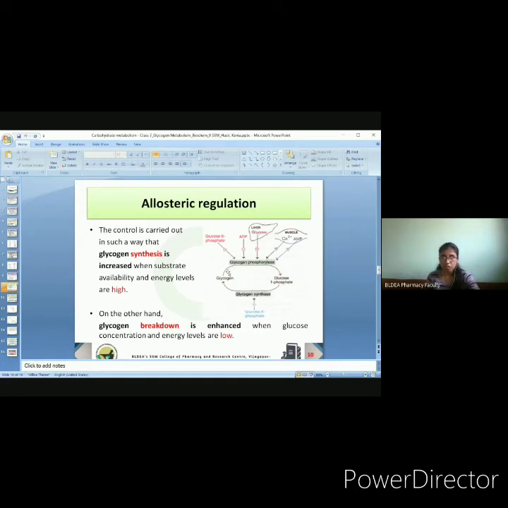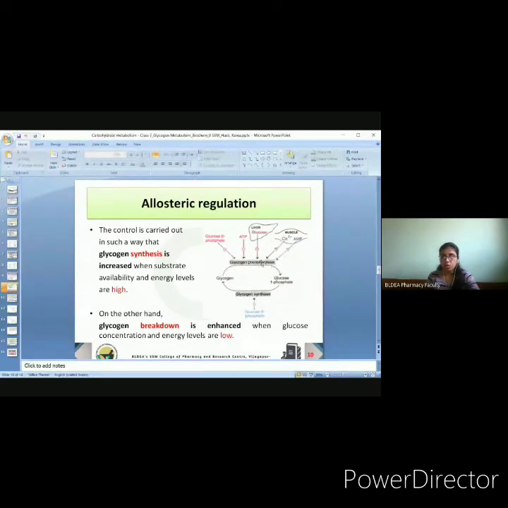These are three conditions when glycogen degradative pathways are inhibited: when glucose 6-phosphate concentrations are high, when energy is high, and when the concentration of glucose in the liver is high. Under all these three conditions, degradation of glycogen is inhibited.